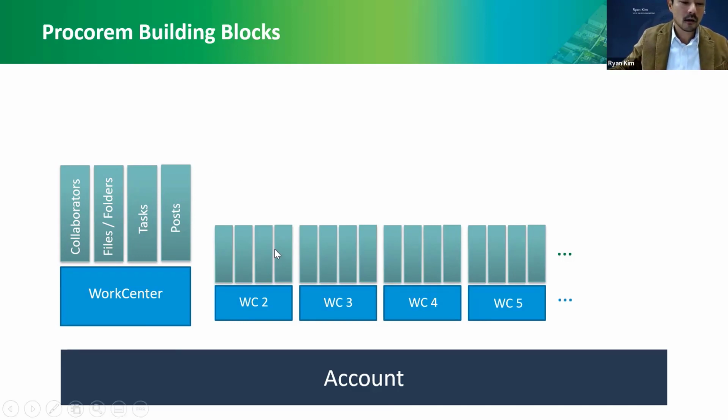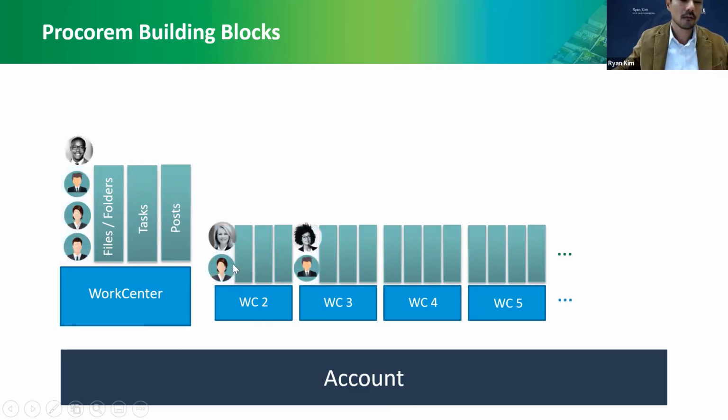Within a work center there is complete transparency, but between work centers they are completely segregated. So you're not gonna be able to see each other's files or tasks if you're in two separate work centers, right?